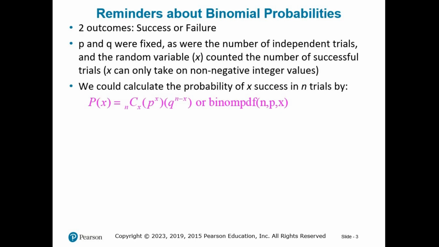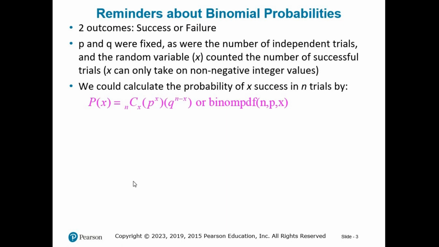And we use this probability formula to solve them. P of x equals n choose x times p to the power of x times q to the power of n minus x. And then we could use the calculator function binomPDF to solve it, where we use the variables of n, or sample size, and p, or success rate, and x.